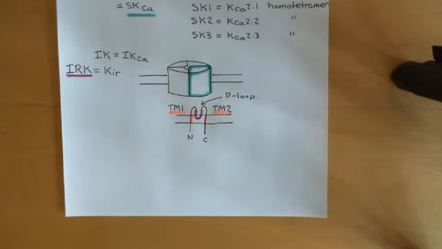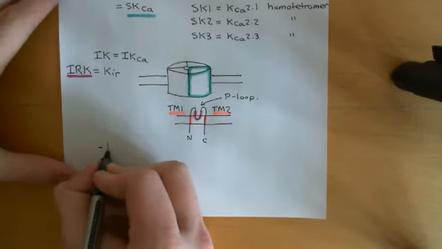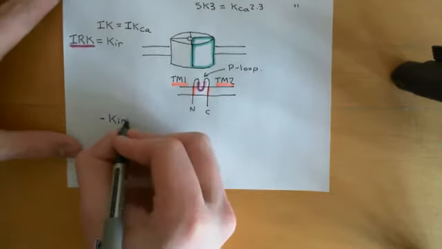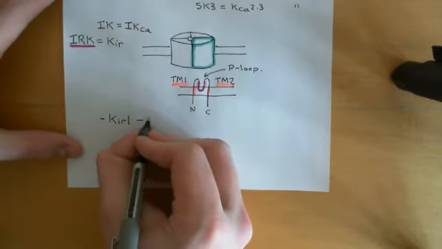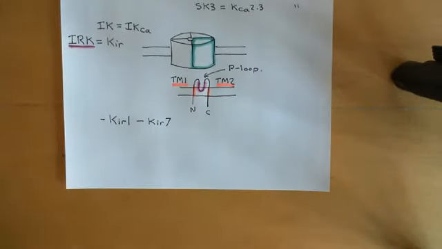Now let's talk about how many different families there are of inward rectifying potassium channels. Inward rectifying potassium channels are split into 7 families. Again, it's the same nice nomenclature. It's KIR1 to KIR7, so inward rectifier potassium channel family 1 to family 7.